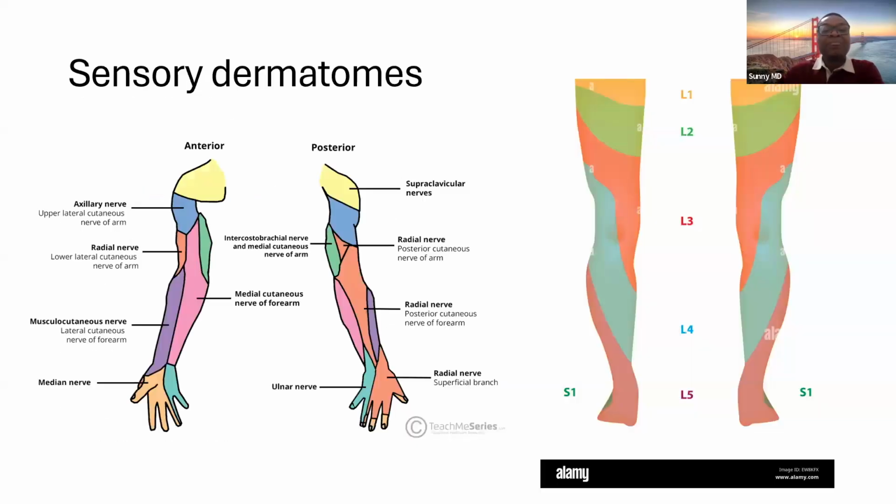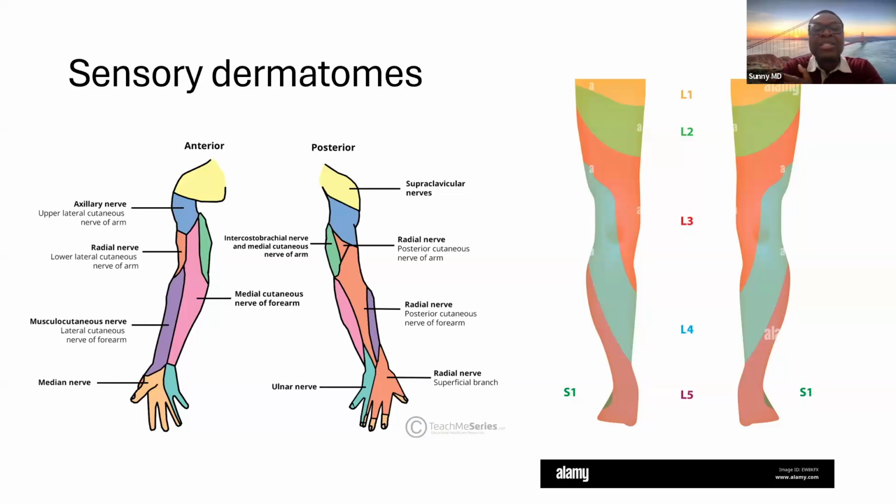And just to say, we talk about sensory dermatomes, but let me just make a comment. There are 5 modalities, and you've got 10 minutes to examine, present and finish that station. So practically, some candidates will struggle with doing all 5 modalities, or even 4 if you're not doing temperature.